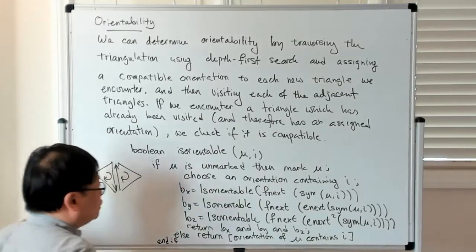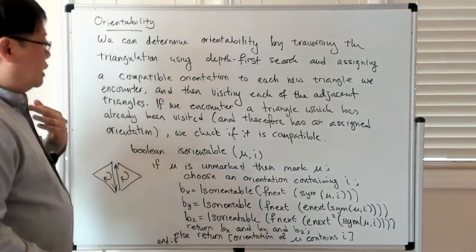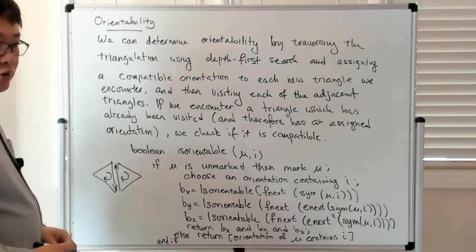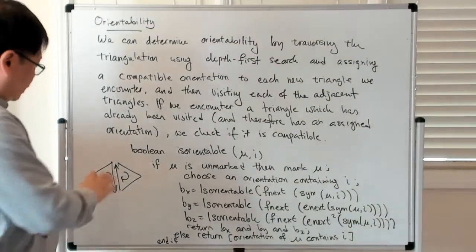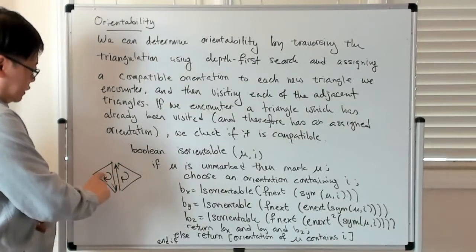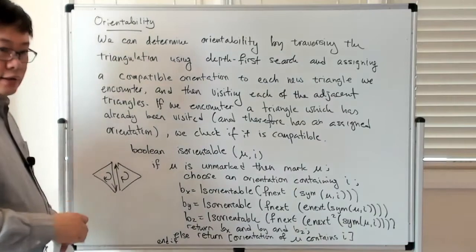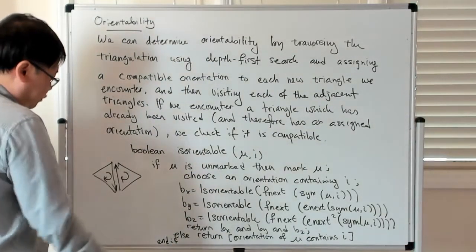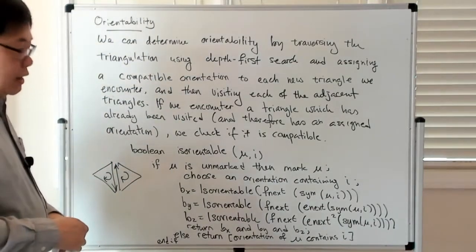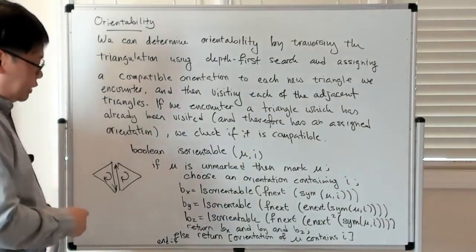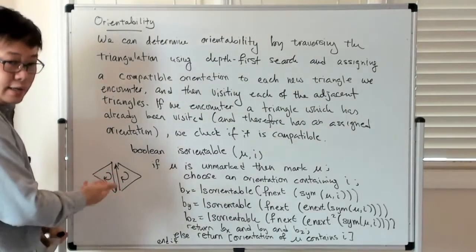Okay? So this then gives you a recursive routine which does this depth first search approach where you try to assign the orientations from triangle to triangle in a locally consistent way. And then what happens, of course, is that at some point in time you'll come to a triangle which you've already assigned orientation to, and you just want to make sure that the orientation which has already been assigned is compatible with what you would like to assign it with.